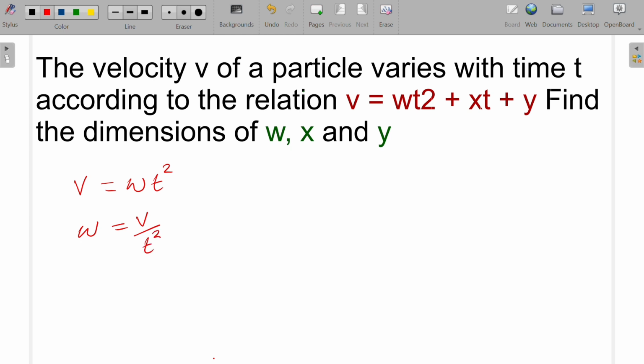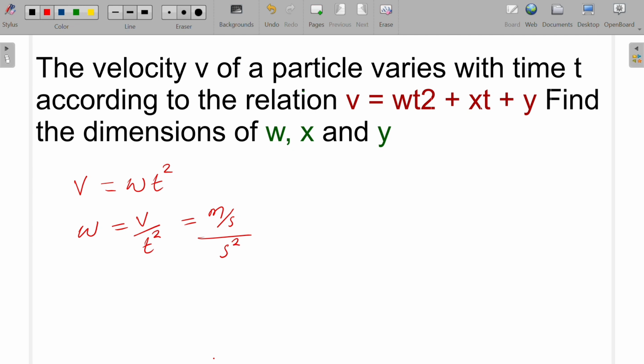Always when I'm working out dimensions, I like going through the units first, then we can determine the dimensions. So on top here we have v. V is velocity and is measured in meters per second. And this whole thing is divided by time. T is time, and time is measured in seconds. And these seconds are squared in this case.